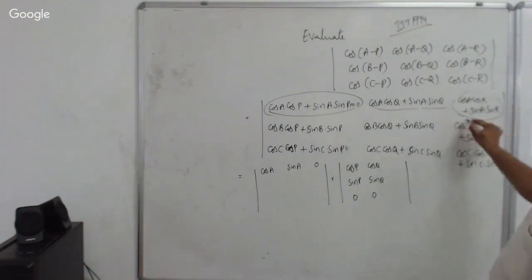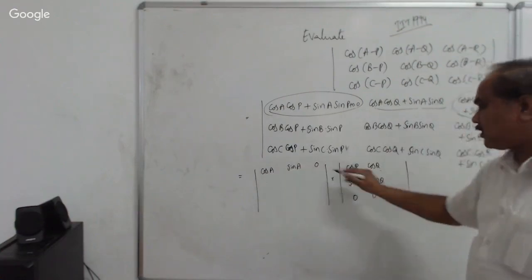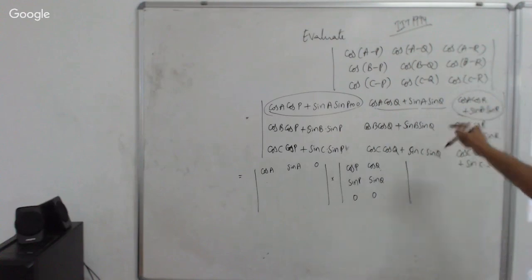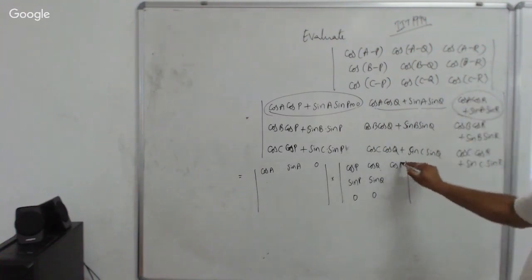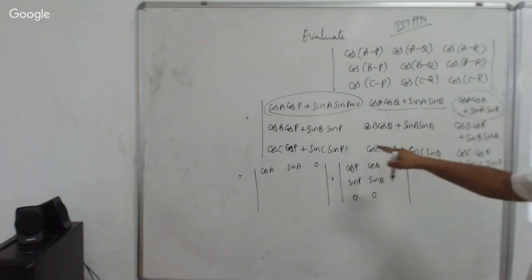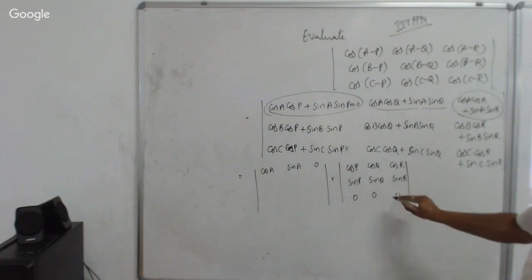Next step. By multiplying the first row with the third column, you will get this element: cos A cos R plus sin A sin R plus 0.